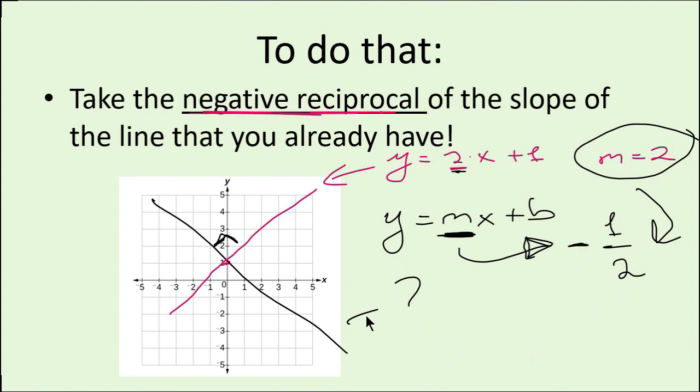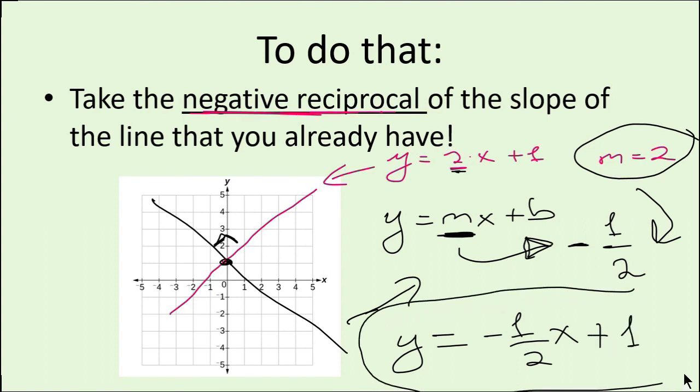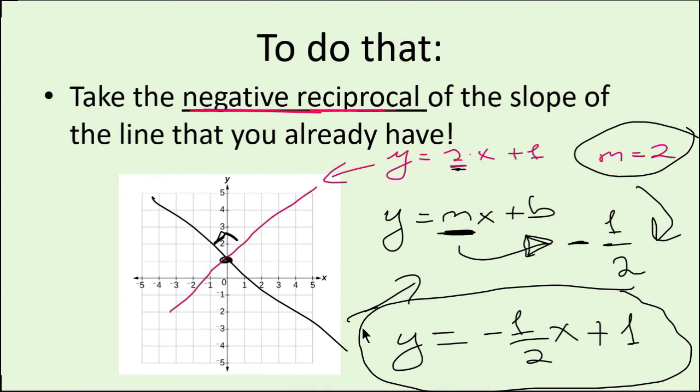So the slope of the black line is going to be y is equal to negative 1 over 2x plus some y-intercept b. Well, in this case, the y-intercept is 1 because the line is passing through point 0, 1. So this line's equation is y is equal to negative 1 over 2 times x plus 1, right? So that's the black line.